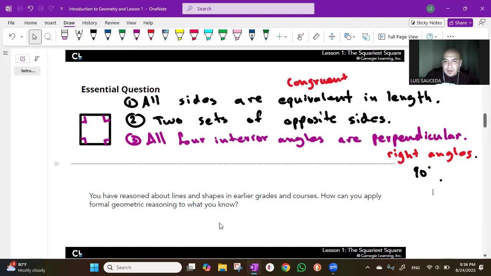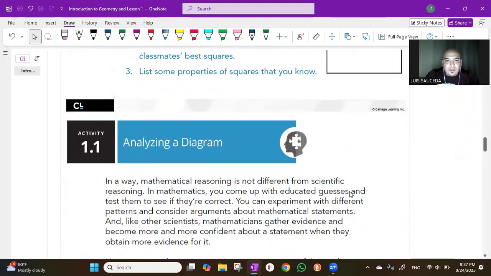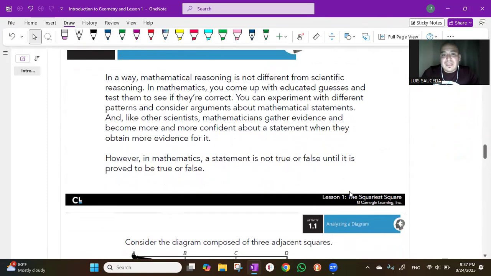Okay, let me move on a little bit more. Okay, so we've done this one. In a way, mathematical reasoning is not different from scientific reasoning. In mathematics, you come up with educated guesses and test them to see if they're connected.